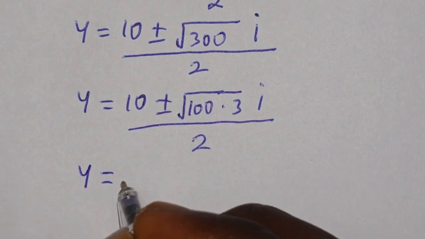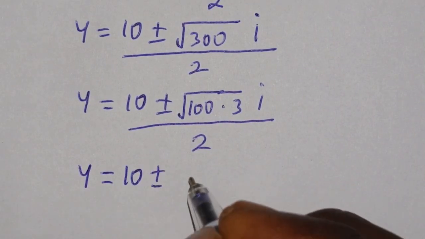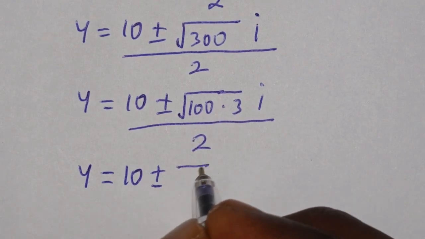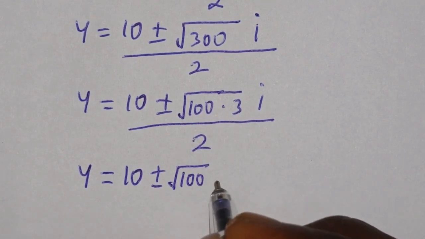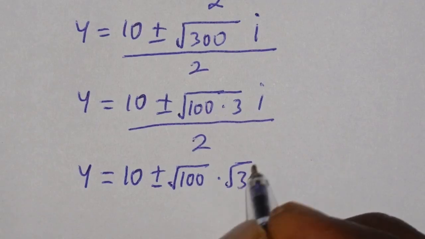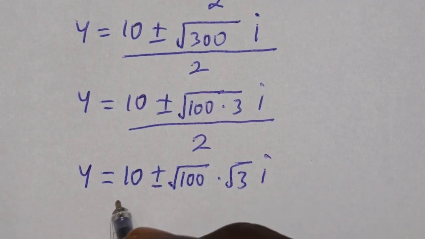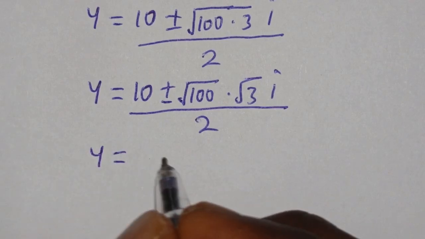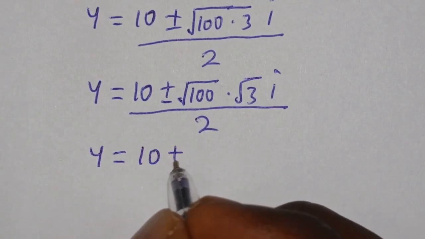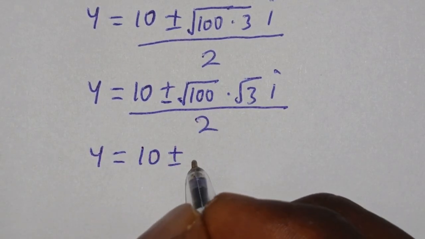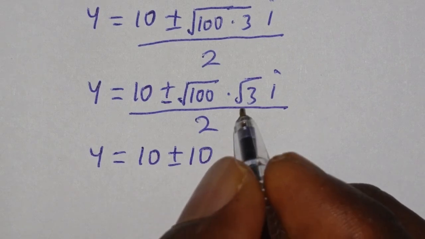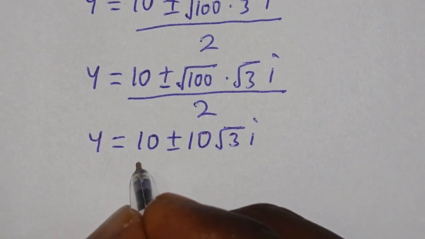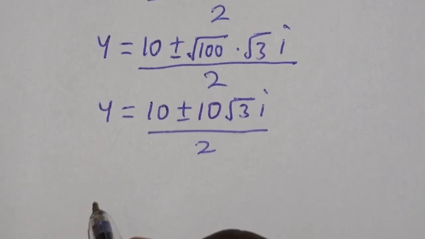Square root of 100 times 3 can also be written as square root of 100 times square root of 3, times i, divided by 2. What is square root of 100? That is simply 10, times square root of 3 i, divided by 2.